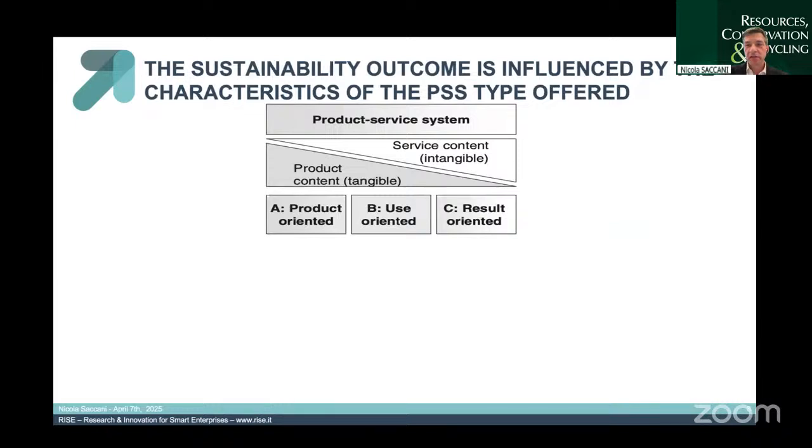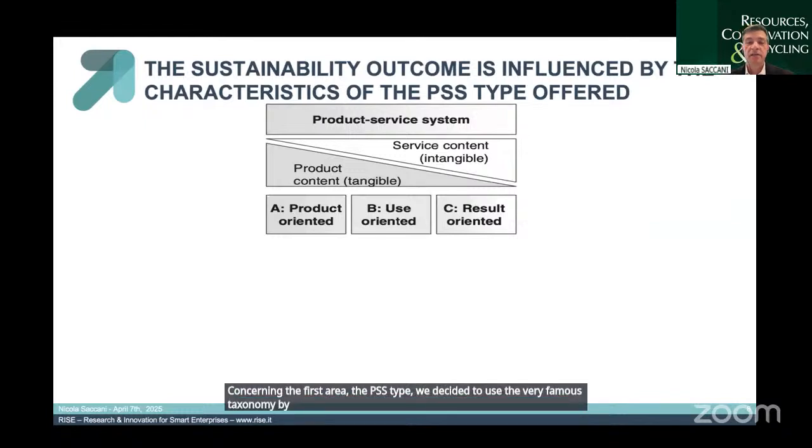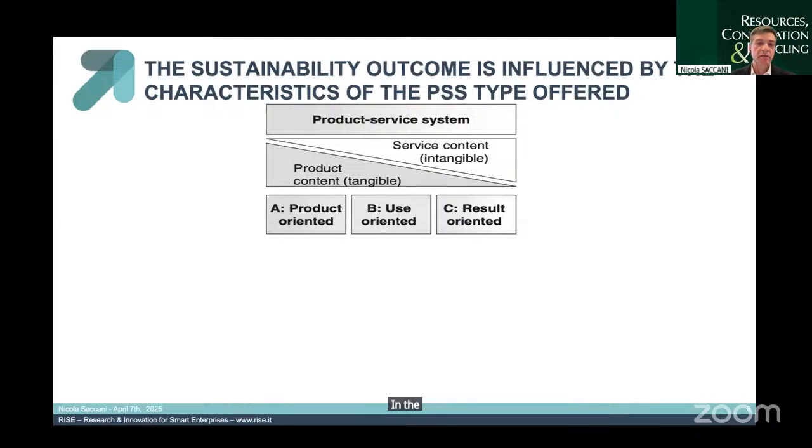Concerning the first area, the PSS type, we decided to use the very famous taxonomy by Tukker that identifies three main archetypes of product service systems: the product-oriented PSS, the user-oriented, and the result-oriented. In the product-oriented, we have a more traditional way of selling a product with a transactional perspective.